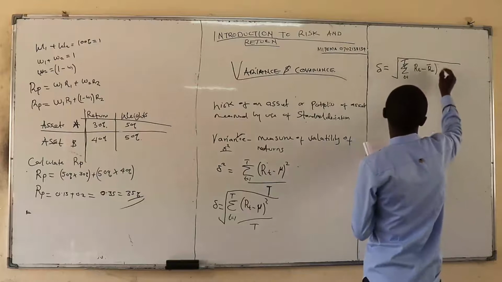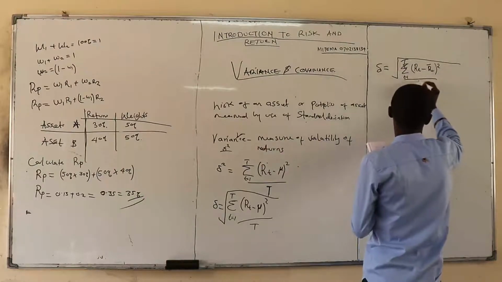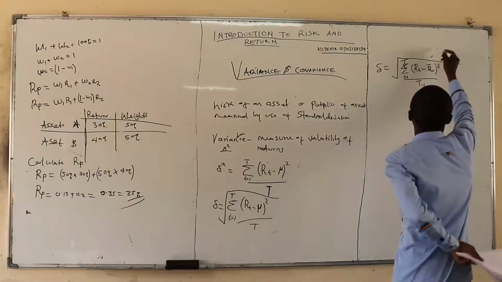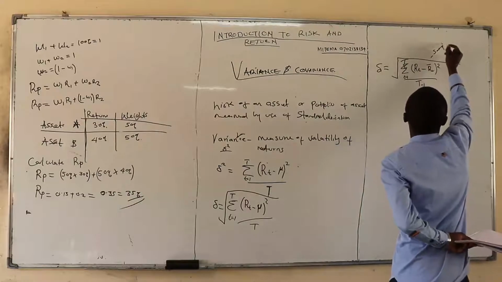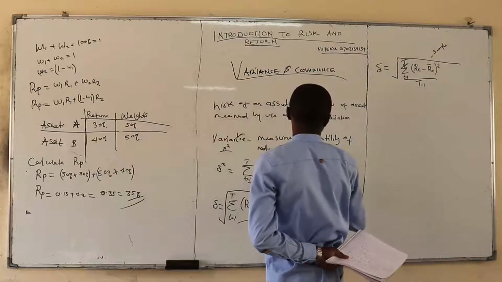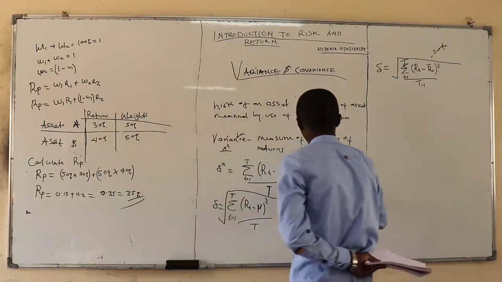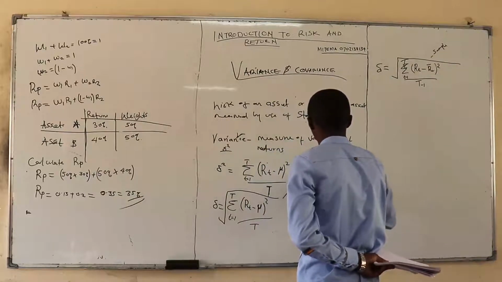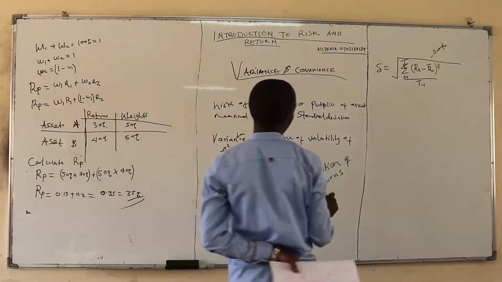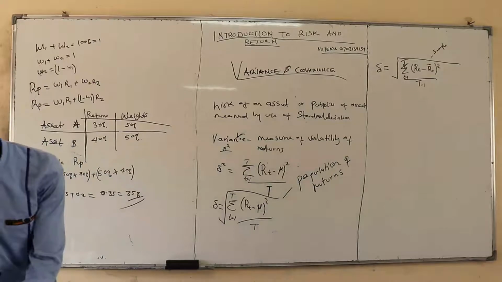Then you square this, and then you divide it by T minus 1. This is where it's a sample. And here is where you are given a population of returns. Then the other formula is applicable where you are given a sample of returns.